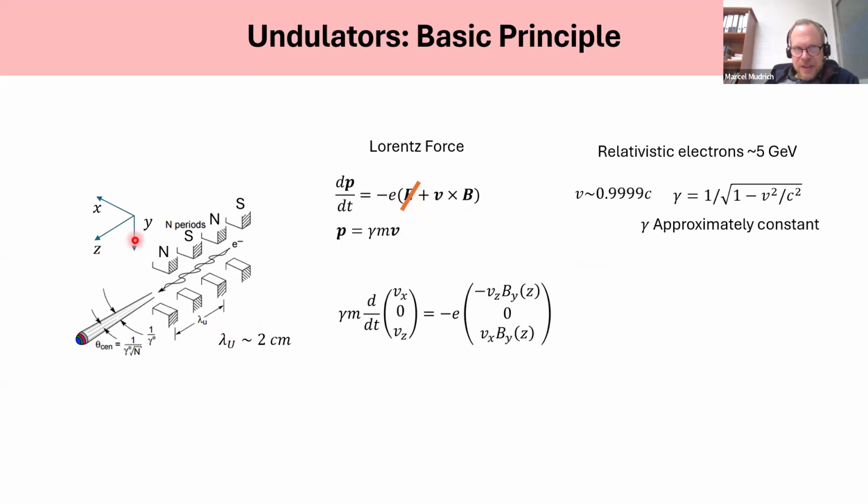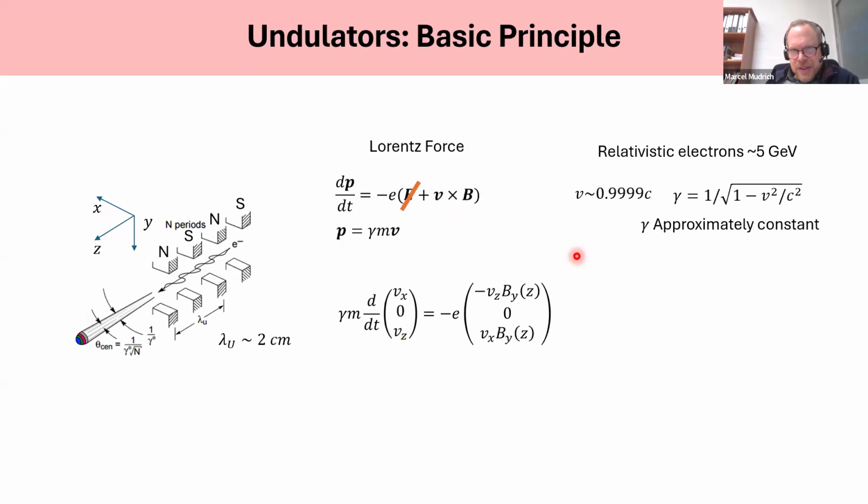If we set our coordinate system such that the z-axis is along the electron beam direction, the y-axis goes along the magnetic field direction, and the x-axis is perpendicular, then by writing out the cross product of velocity cross magnetic field, you can do it for yourself.